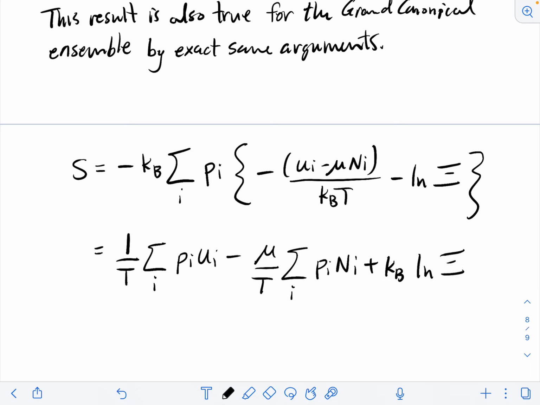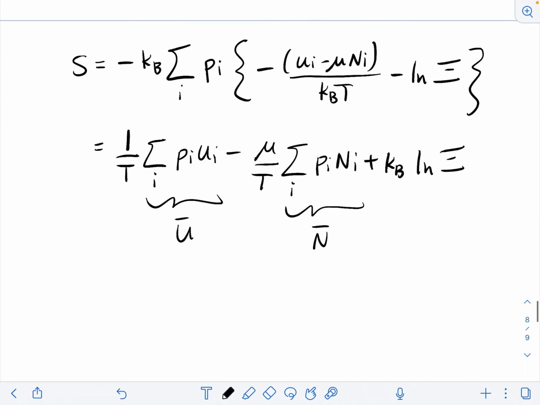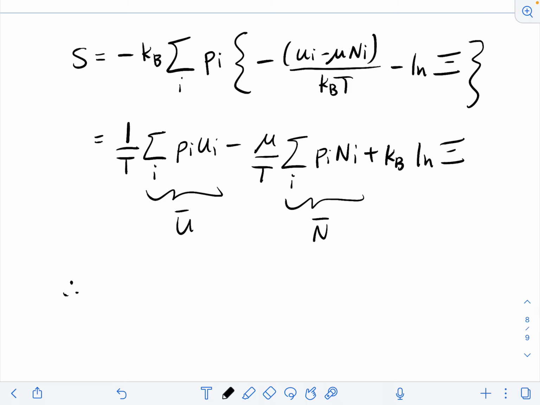As before, this is the average internal energy of a system, and this is the average particle number in a system. And so therefore, S is equal to U bar over T minus mu N bar over T plus kB ln K.